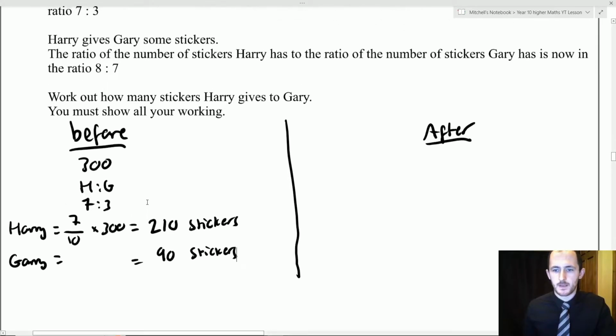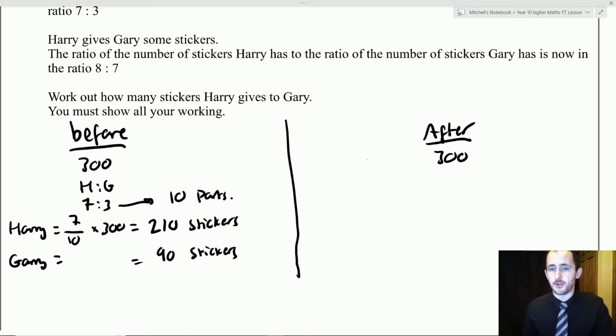Okay. So if you notice here, there are 10 parts. Now afterwards, the number of stickers is still the same. It's 300, right? But the ratio is now 8 to 7. Okay, well, I should write it out fully, my bad. Is now 8 to 7.